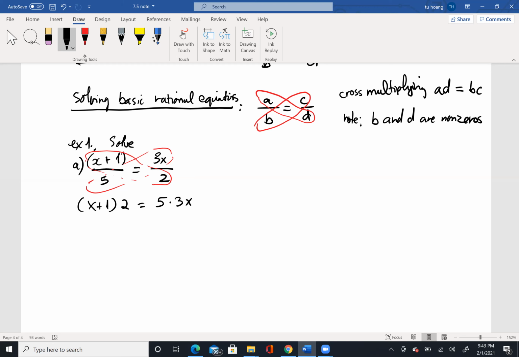Now what? I need to use distributive properties. So x times 2 will be 2x plus 1 times 2 is 2, and then you have 5 times 3x, which is 15x.